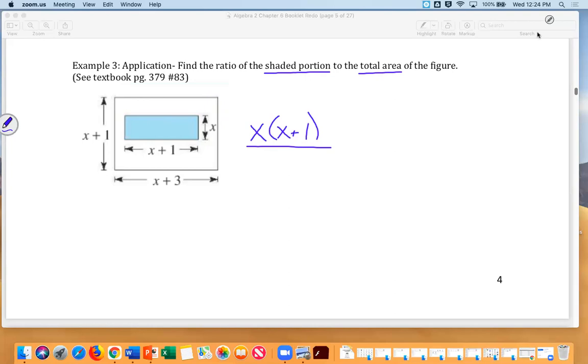So leave it like this. Now on bottom, we have the total area, that's x plus 1 times x plus 3. Do you see why I said don't multiply it out? Because now you can easily see that the x plus 1's cancel. And your answer is just x over x plus 3.